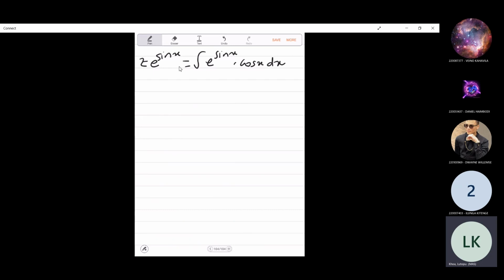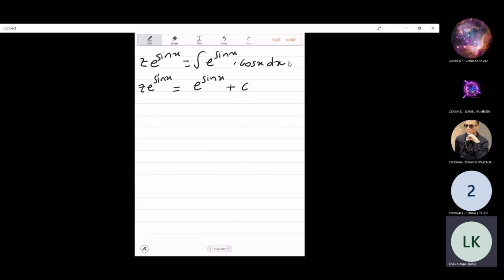Okay, and then this is just a matter of substitution because the derivative of sine x is cos x. So we have z e to the power of sine x is equal to e to the power of sine x plus c.